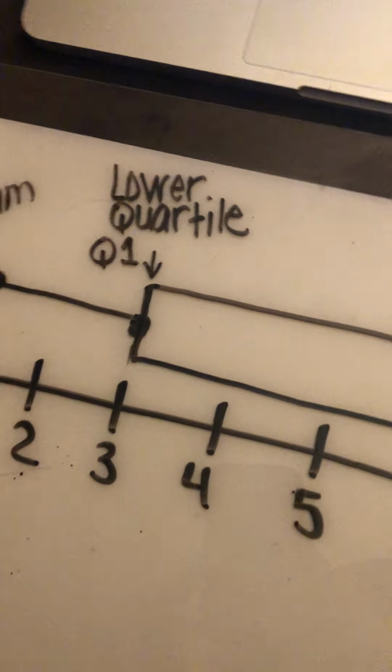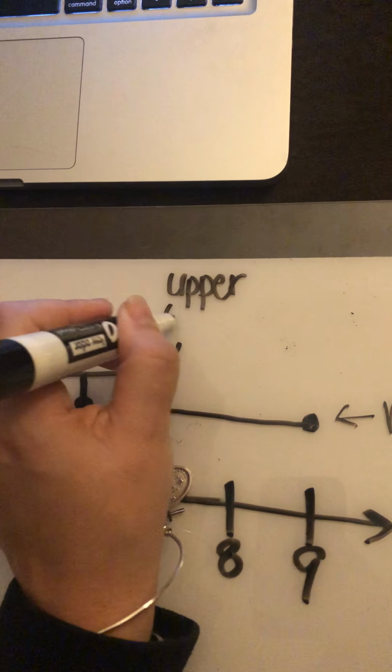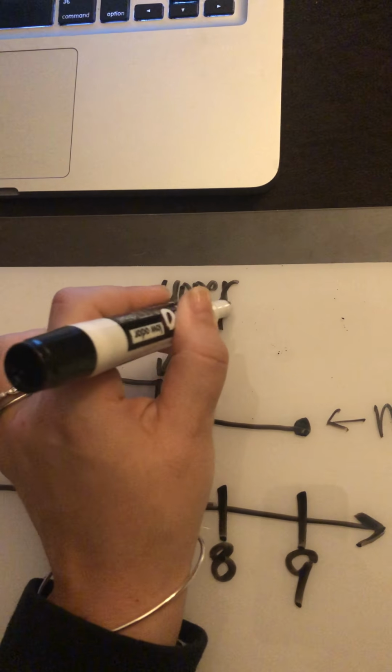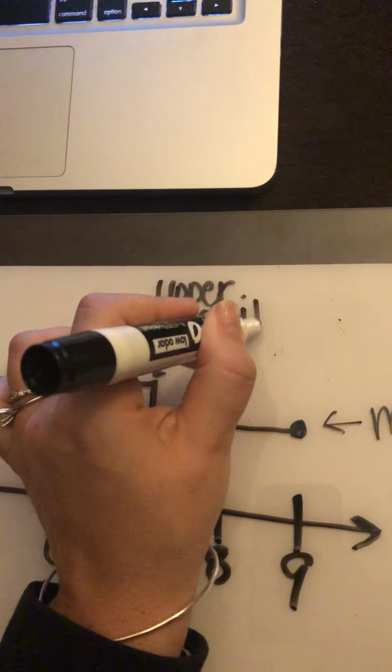The other side of the box is called your upper quartile, and sometimes we also call that quartile 3.